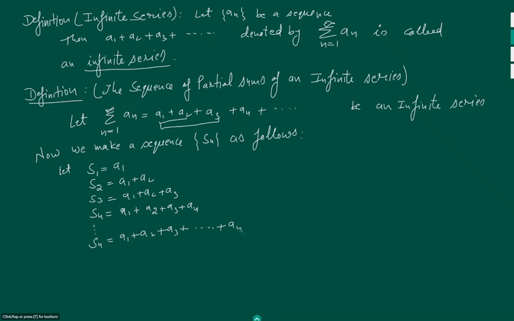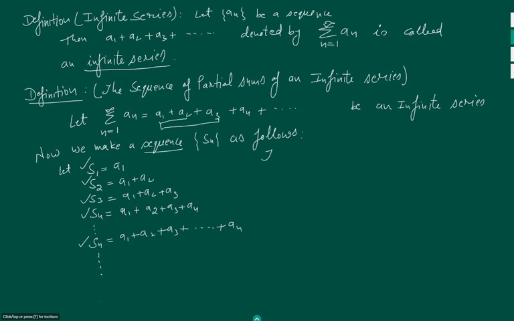So we have got a sequence whose first term is S1, second term is S2, third term is S3, fourth term is S4, and nth term is S_n.